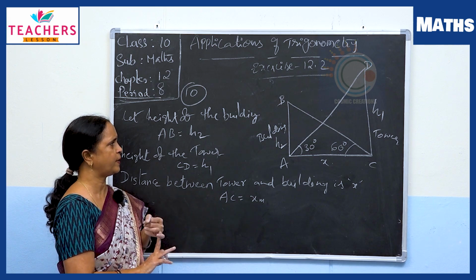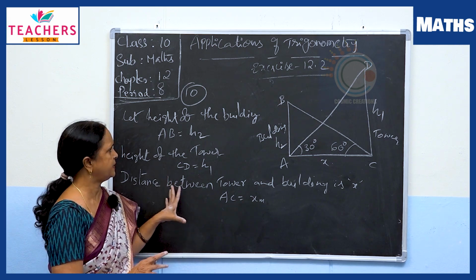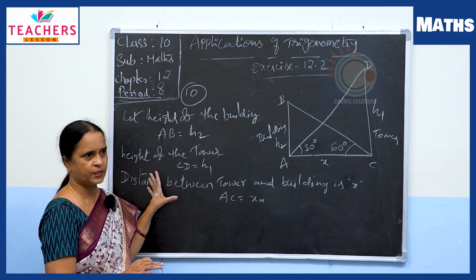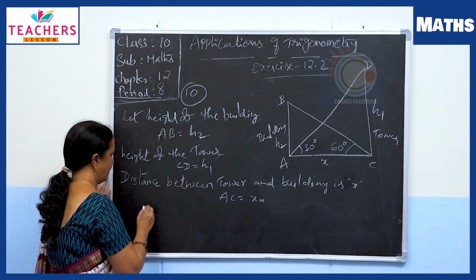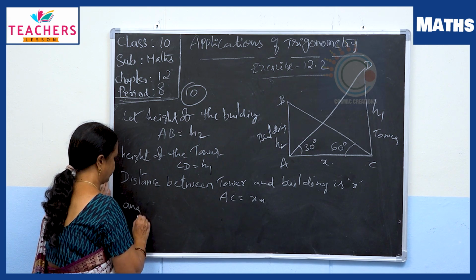Now, two triangles we have. All the information we had written, I think so. You can erase. Okay, one thing is there. Angle of elevation we need to write.